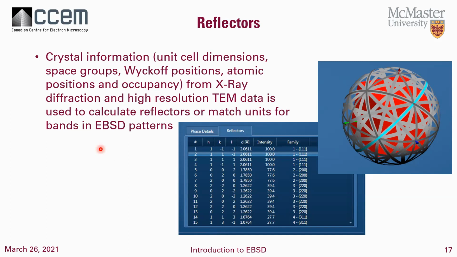And thus we can identify the phase, because those are unique to a particular phase, and because we can identify multiple bands, we can figure out the orientation of the material.